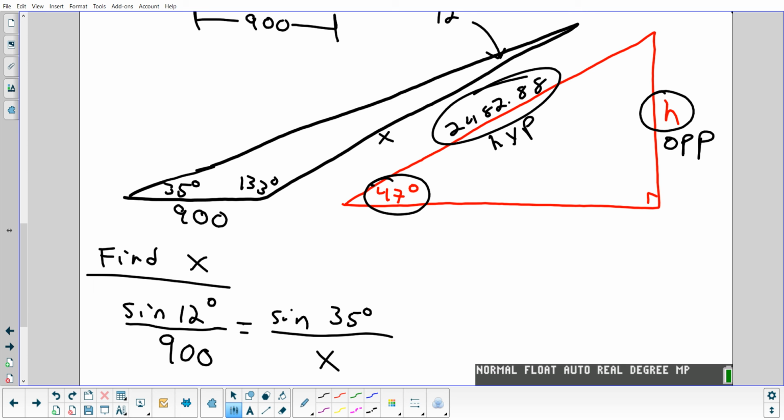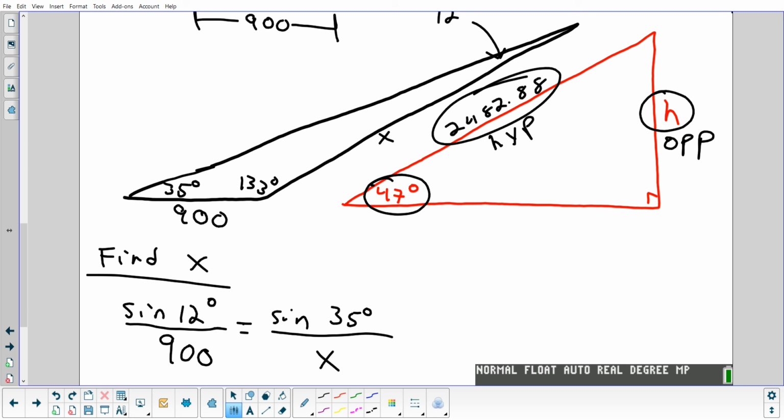Do you remember the SOHCAHTOA thing to remember which trig function is which? I don't know how far back it is. It could be like 15, 20 pages, because this was 3 chapters ago.